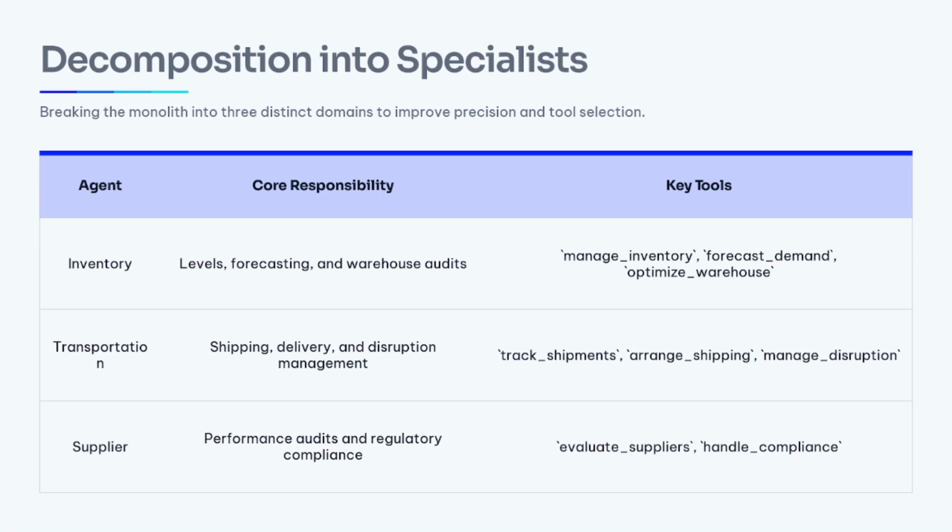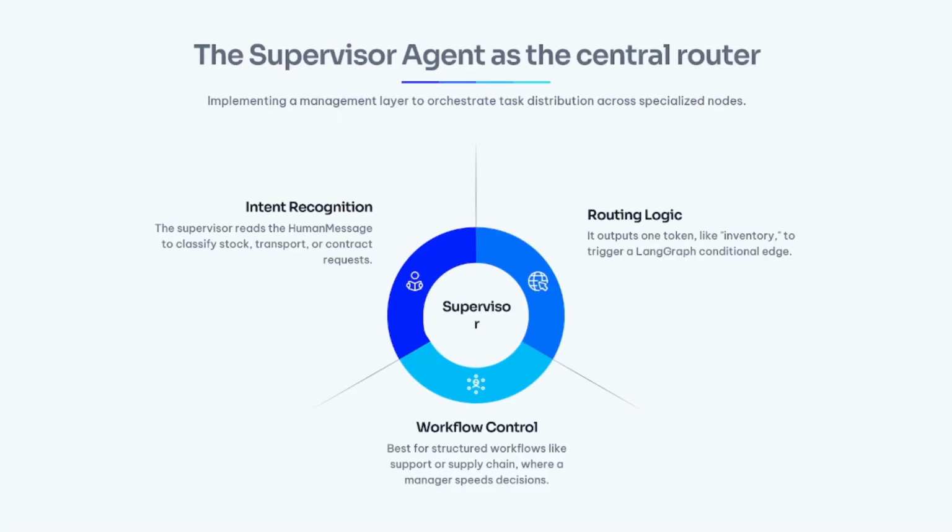Then you have the supplier agent. Performance audit and regulatory compliance will be its core responsibility, and the tools it can implement are evaluate suppliers and do compliance. You can see the separation of concerns into three agents. Imagine you design one agent to handle inventory, transportation, and supplier, and call all these tools at once. You'll be building confusion or chaos into the system.